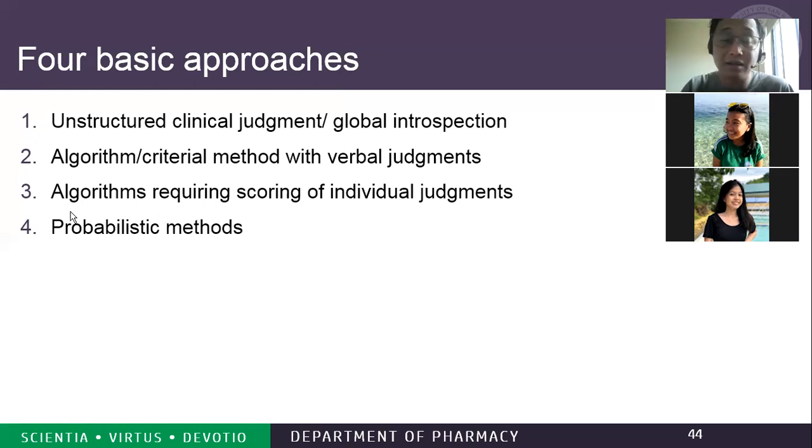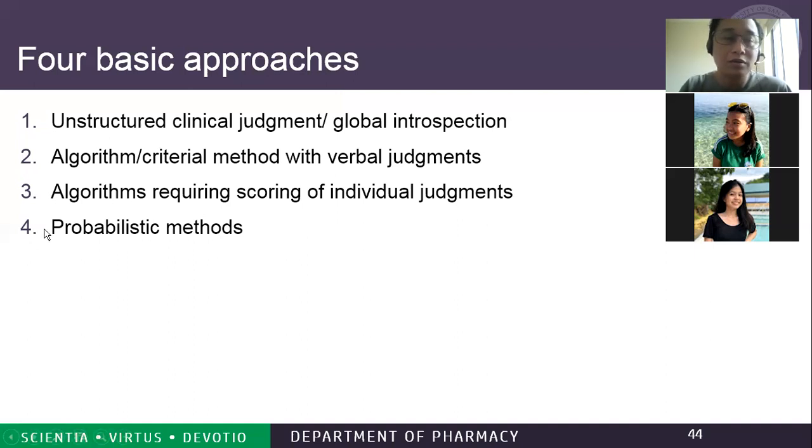The second and the third groups are quite similar. They are algorithm methods, but the second group is with verbal judgment, and the third uses scoring. Usually we use the scoring one because it is easy and more likely to be objective.